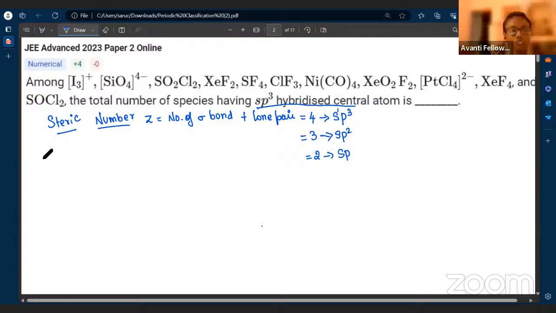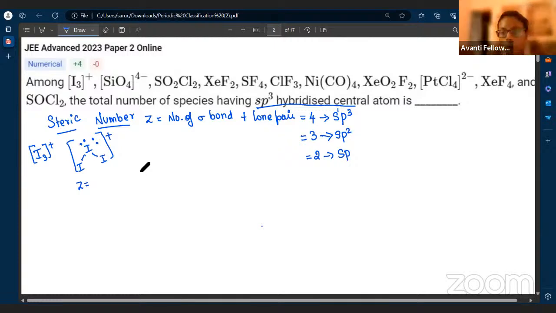Starting with I3 plus. What will be the Lewis structure? You'll have 3 iodine atoms. What will be the lone pairs on the central iodine? You have 1, 2, 3, 4, so to fill the octet you need 4 more electrons, which means you'll have 2 lone pairs.